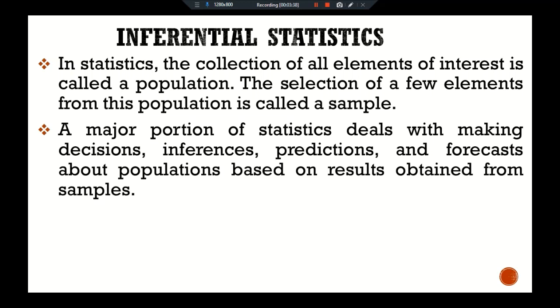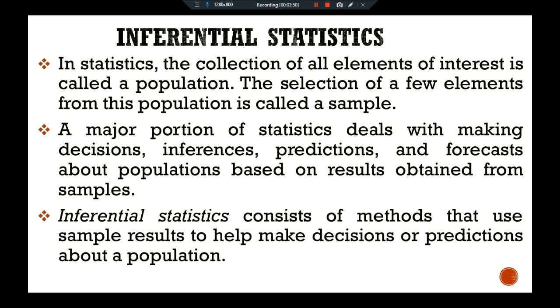This branch of statistics is also called inductive reasoning or inductive statistics. So overall, the definition of inferential statistics: inferential statistics consists of methods that use sample results to help make decisions or predictions about a population.